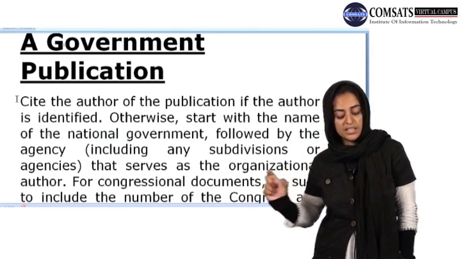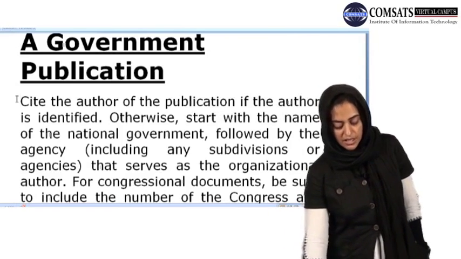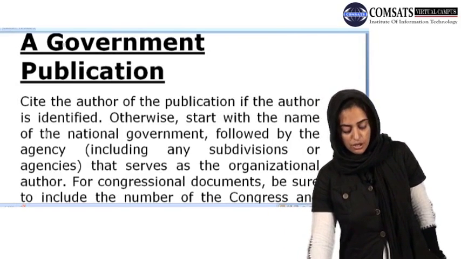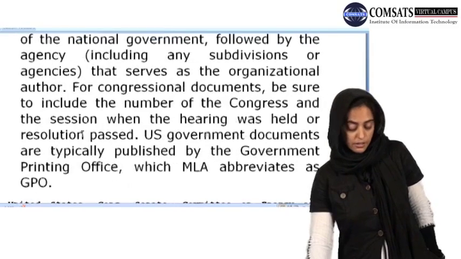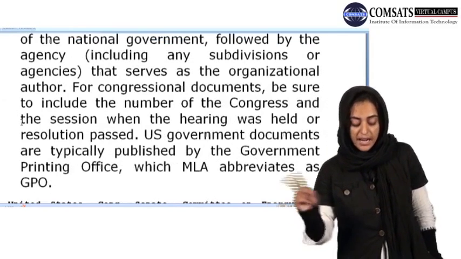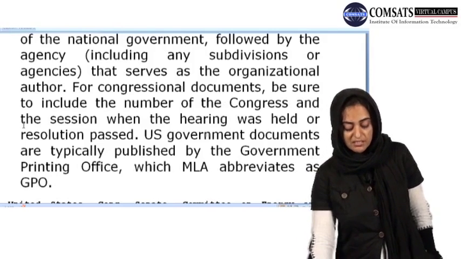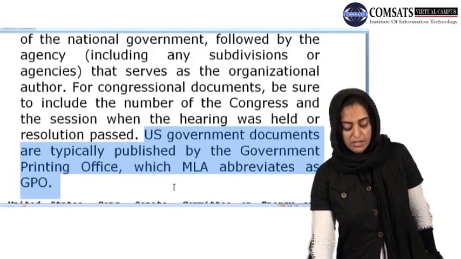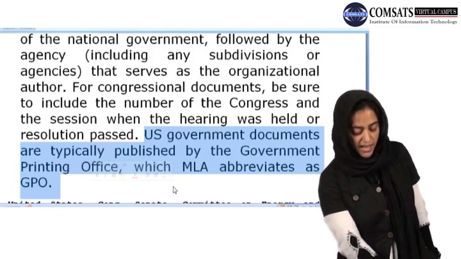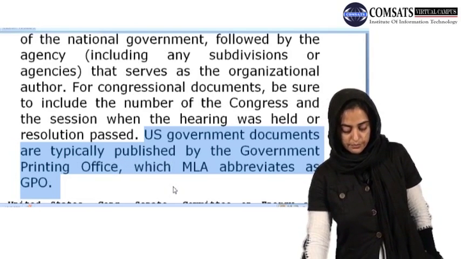Otherwise, start with the name of the national government followed by the agency, including any subdivisions or agencies that serve as organizational author. For Congress documents, be sure to include the number of the Congress and the session when the hearing was held or the resolution was passed. US government documents are typically published by the Government Printing Office, which MLA abbreviates as GPO.